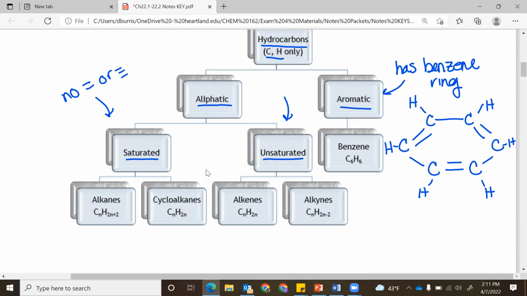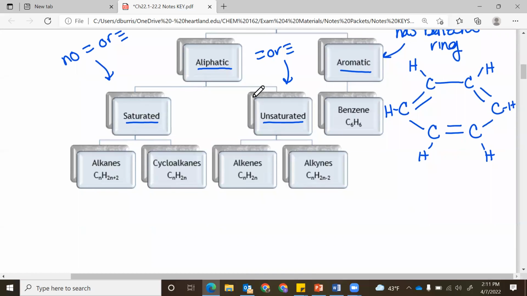And it's considered unsaturated if it has a double bond or a triple bond. Okay. So that's the distinction between those. Now, the reason these are called saturated, and we'll put this on the next sheet, is because every carbon has 4 single bonds instead of a double or a triple bond on there. They're called saturated.